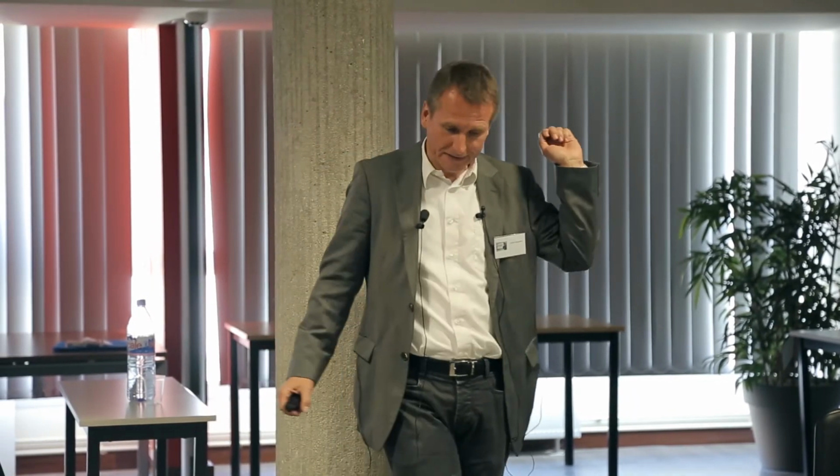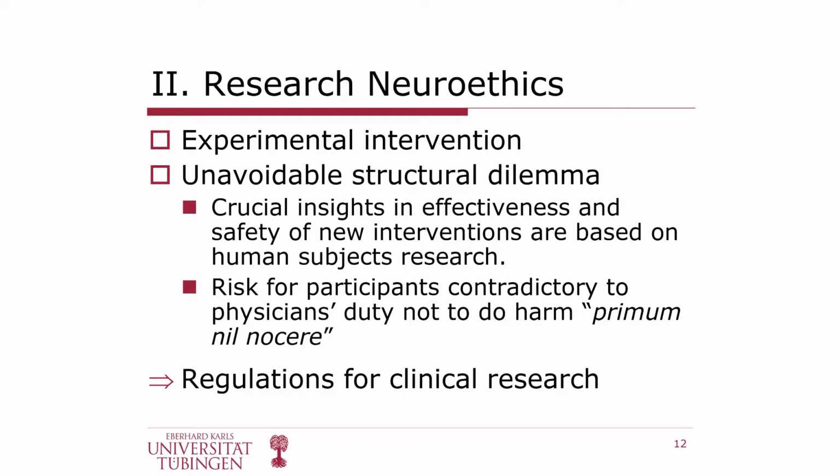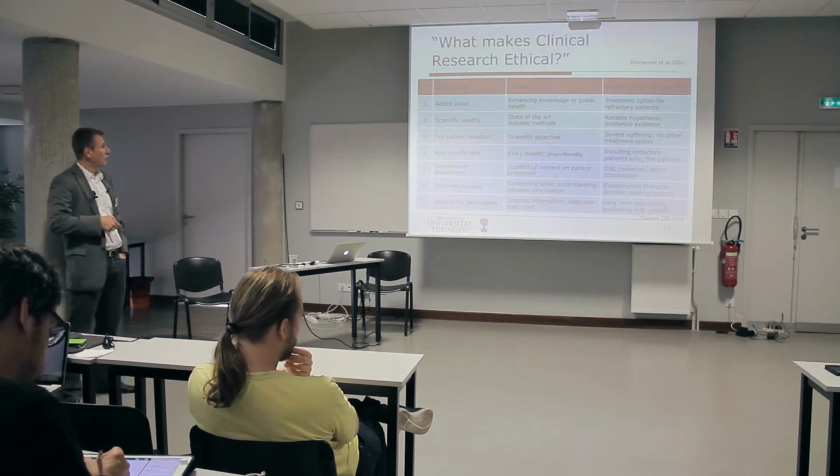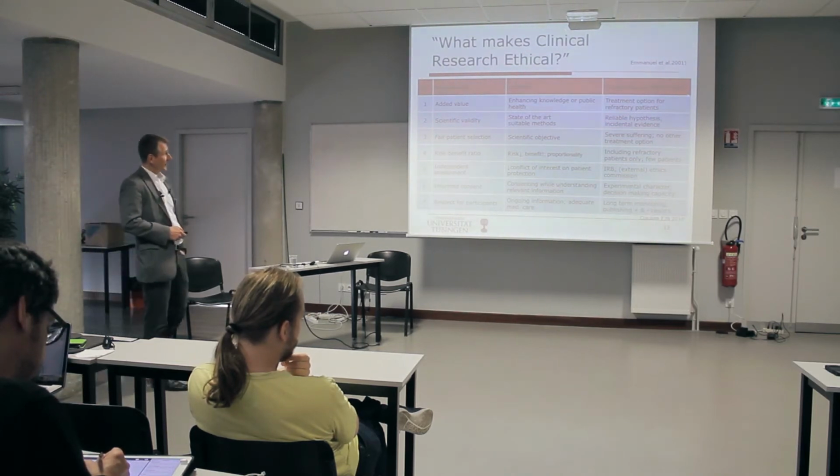Therefore, we have regulations for clinical research, a whole bunch of regulations like the Helsinki Declaration and a lot of other documents. Emanuel and colleagues had a look at these regulations and identified 7 requirements for clinical research.